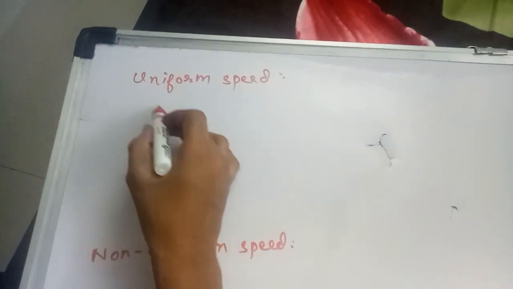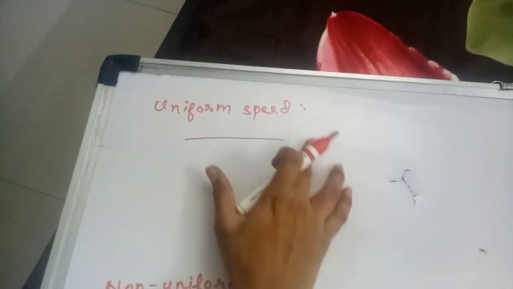Now comes the next topic: uniform speed and non-uniform speed. So what are they?